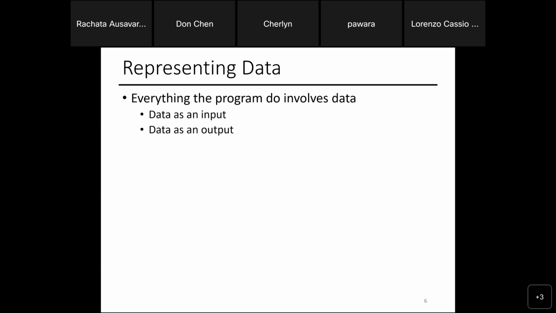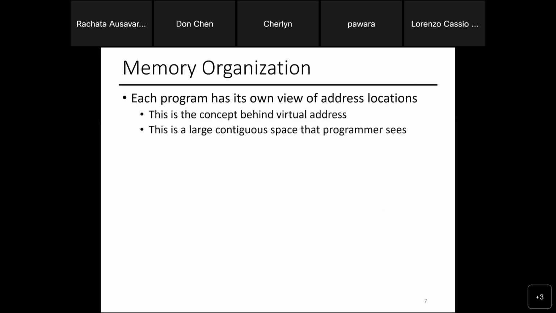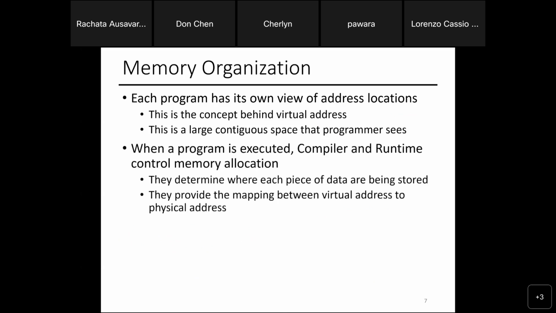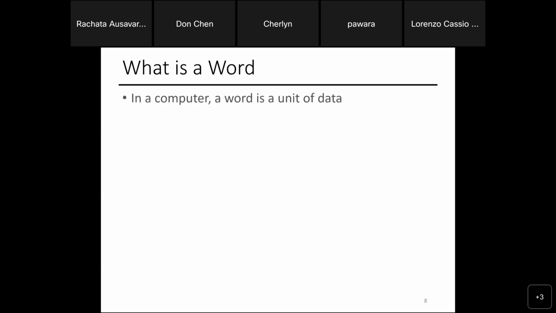So everything is about representation. How do I represent data? We have data as an input, data as an output, and each program also has its own view of the address location as well, right? We will use this concept also for the virtual address, which we will learn in module number 4. When the program runs, it's going to determine where your data is going to be, right?